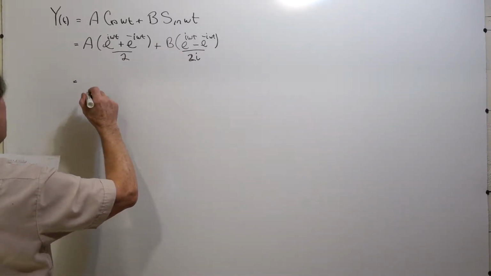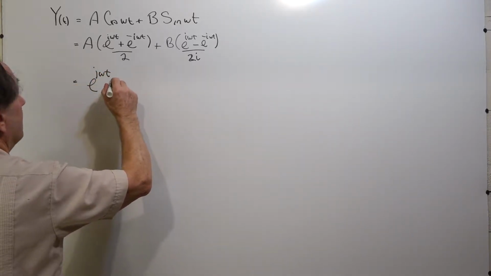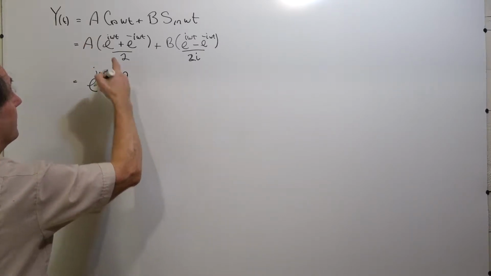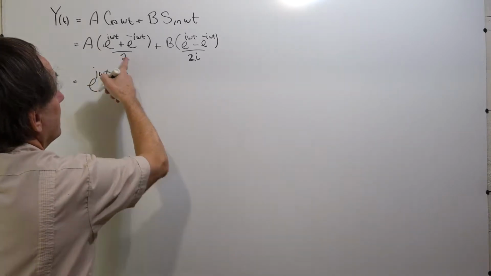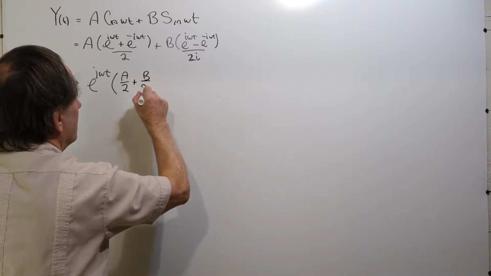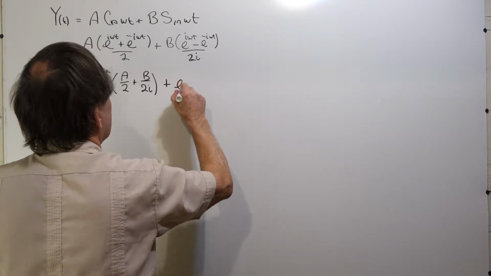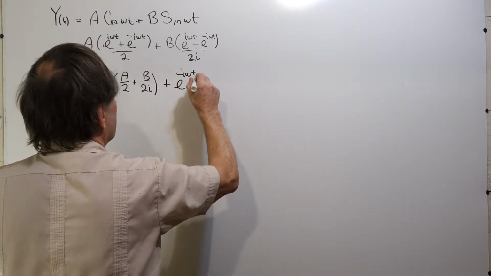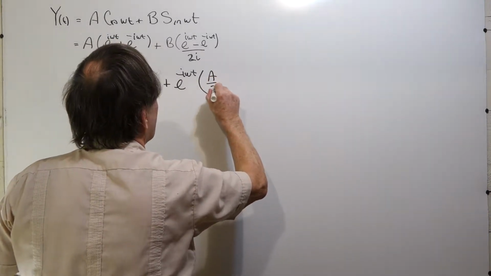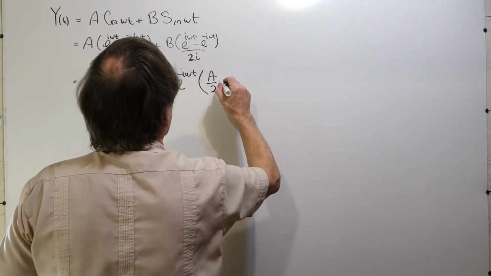So if we take e to the j omega t, then we have a over 2 from this term, and then we have a plus b over 2j. And we have plus e to the minus j omega t. We have an a over 2 from this term, and then a minus b over 2j for this term.